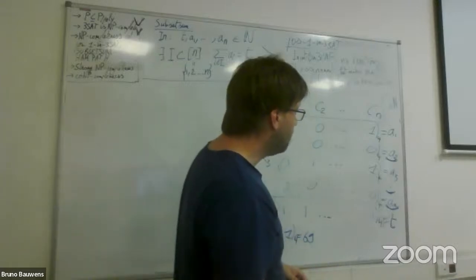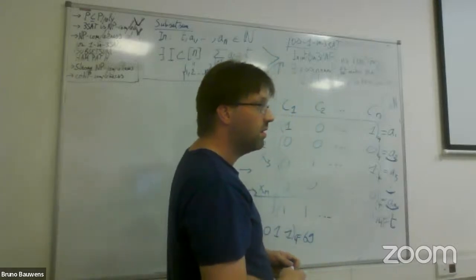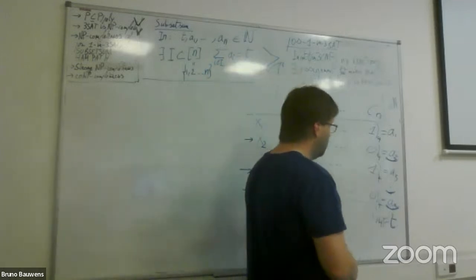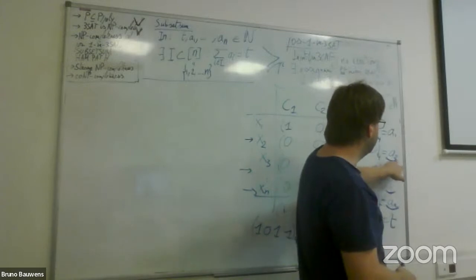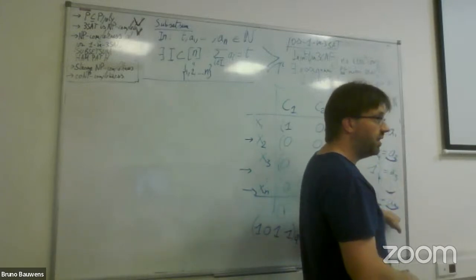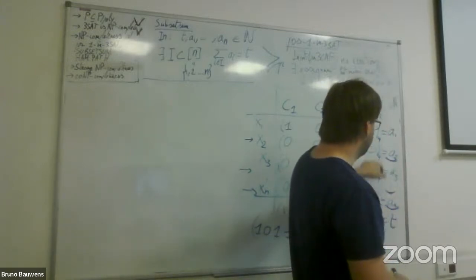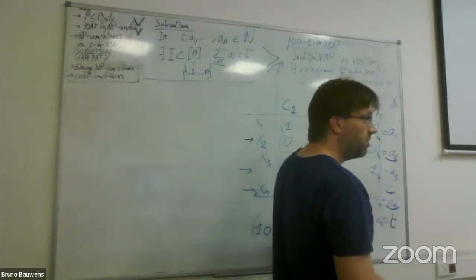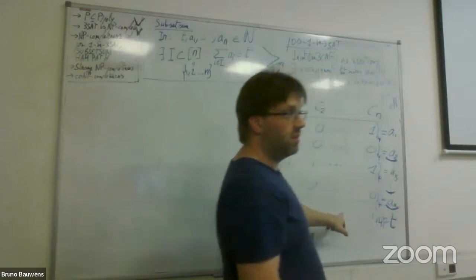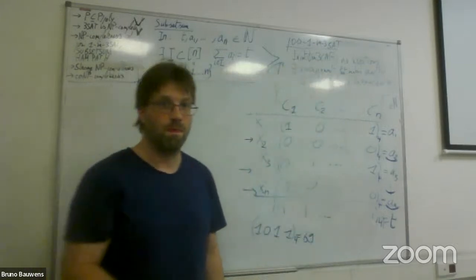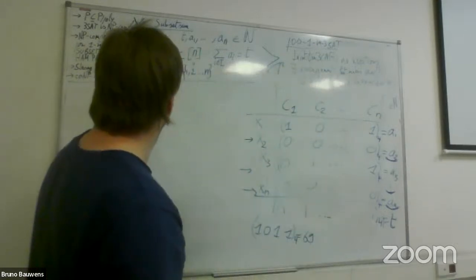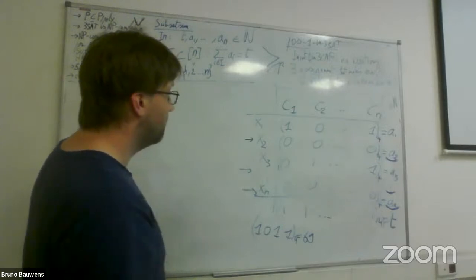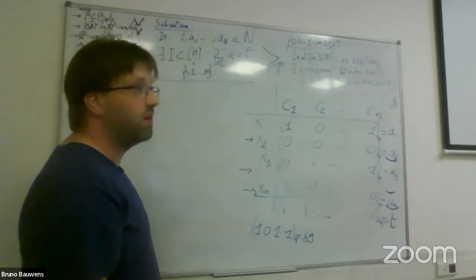We claim that we don't have any carry bits, and that's why among the selected numbers in the sum, there can be at most 1. If there are 2 or 3, we would have a 2 or a 3 here. And at most 1, or no, exactly 1. Exactly 1, yeah, sorry.